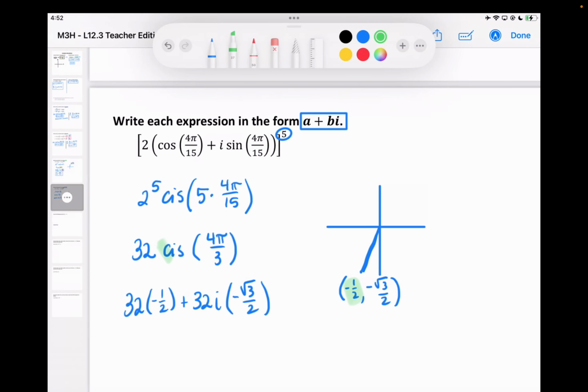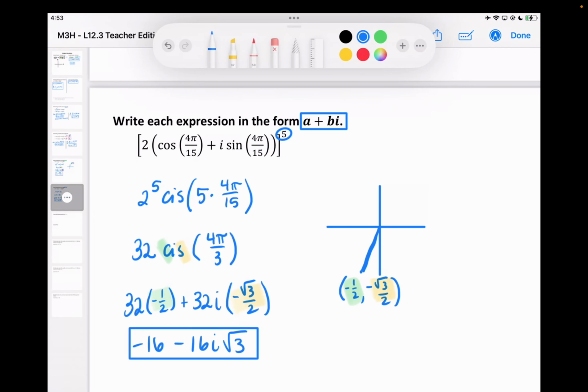And remember the y value is the sine value in the unit circle. So that's where I'm getting all those numbers. And then we just simplify that. So this is just -16 minus 16i square root of 3. And it's converted. It is in standard form and everything.